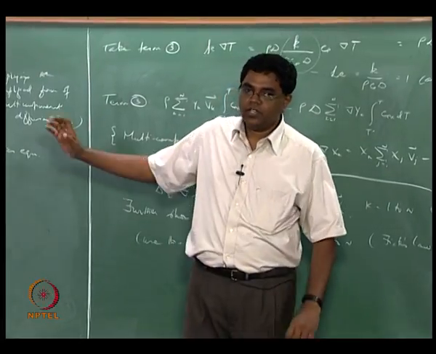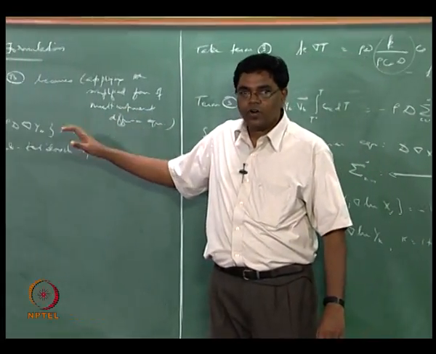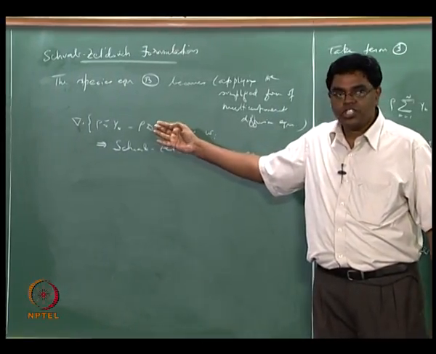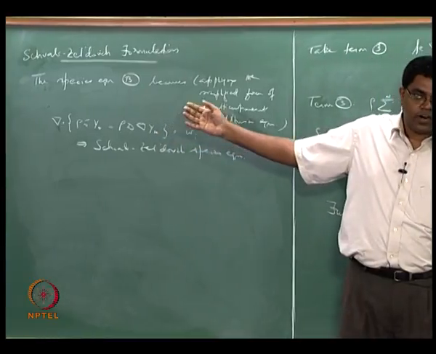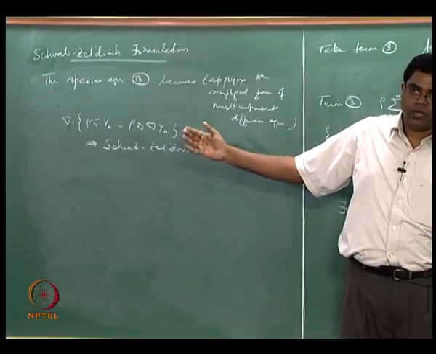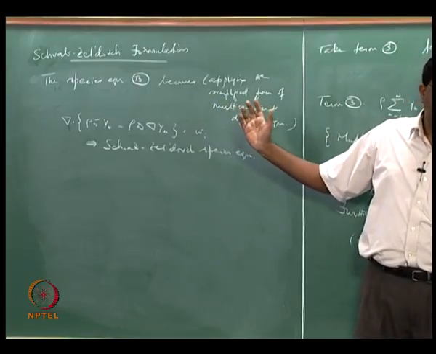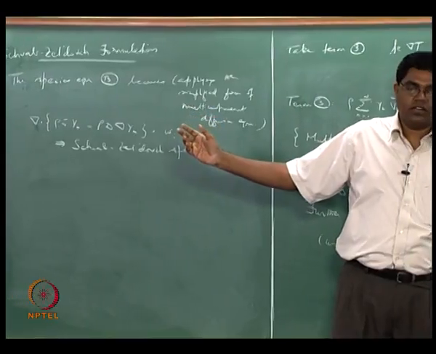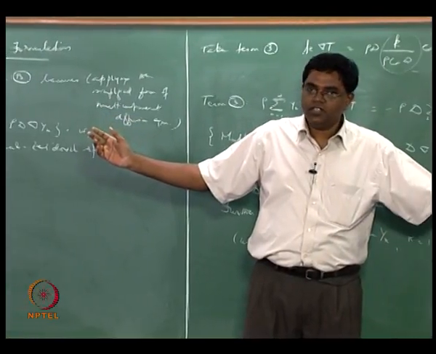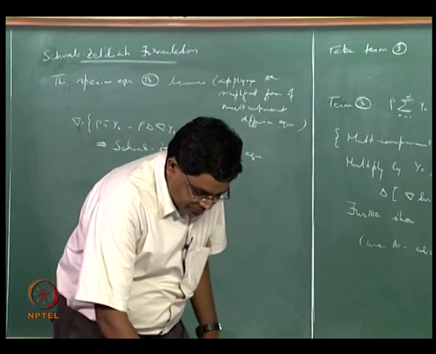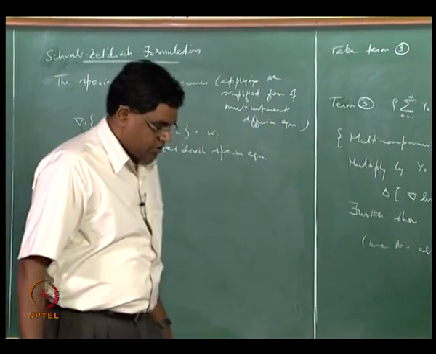We are now beginning to see the contours of that. Both the left hand sides of the Shvab-Zeldovich energy and species equations are the same operators operating upon two different quantities, in this case yk, the other one integral T naught to T Cp dt. So we are beginning to achieve this goal.